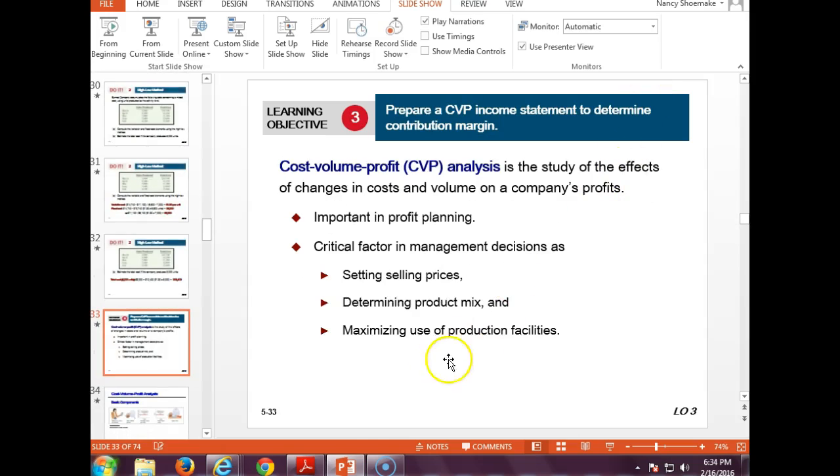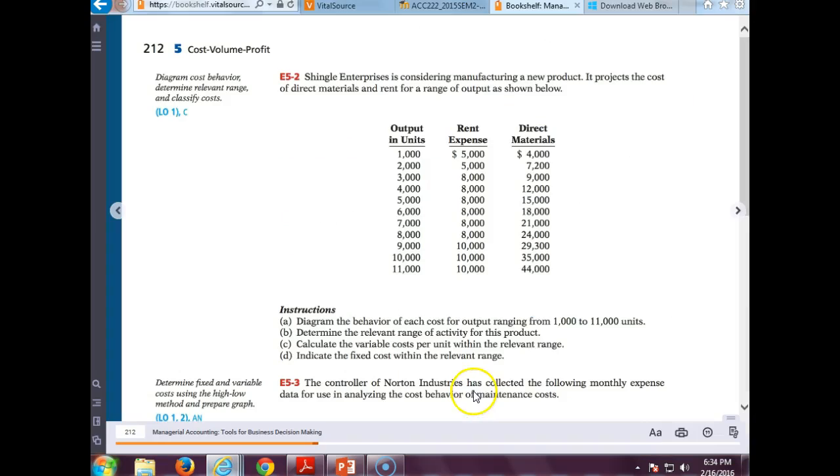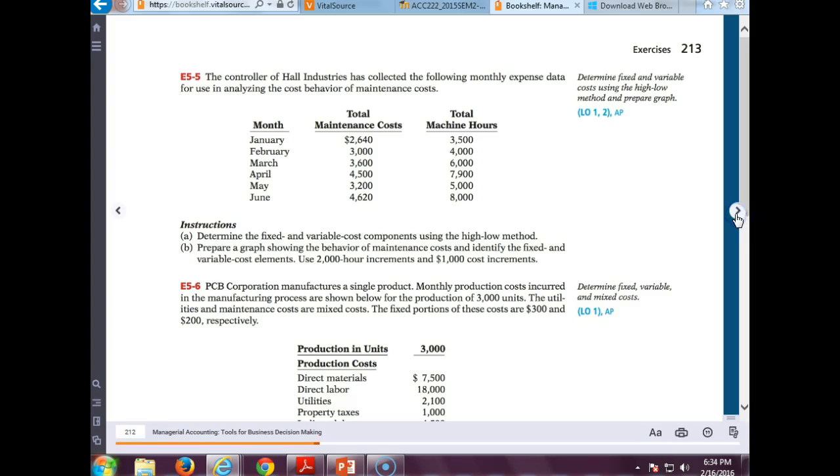Now we're going to go to another problem. We are moving right along. Let's look at exercise 5.5. We're going to do something just like this.